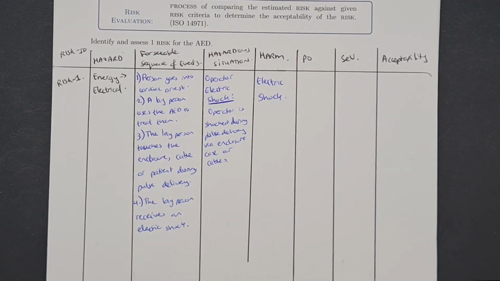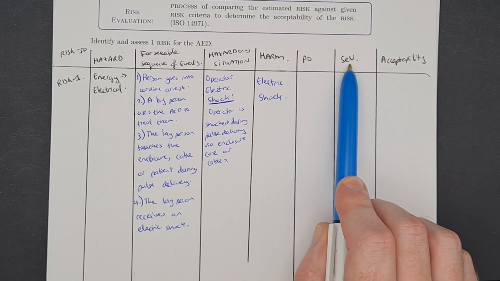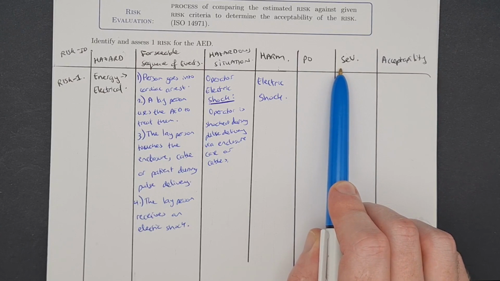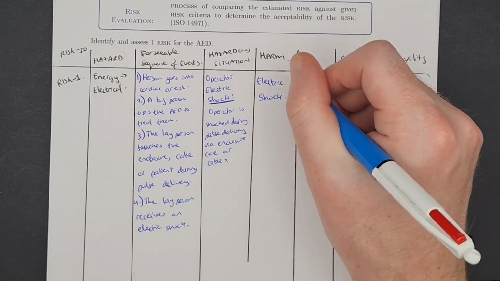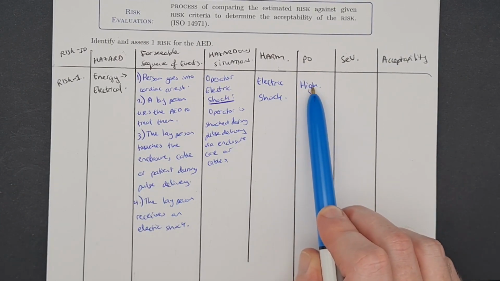Then we ask ourselves, what is the probability of occurrence and the severity of this harm? And we have to assume that no risk control measures have been implemented yet. So we're going to say the probability is high. The reason we say high here is because we have no data to back this up, and this will be very common during the start of a design.